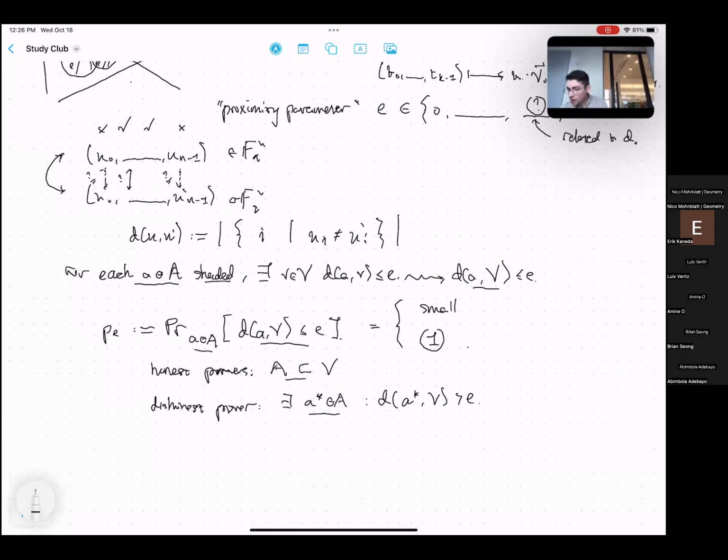Well, what the verifier does is just pick a random element in the subspace. Absent a proximity gap result, this is not actually safe for the verifier, because for all we know, there might just be one bad A lurking somewhere in this space. But if I just pick a random point, I'm going to miss it, right? So there's a low chance that if I just pick a random A from A, and I ask, is A close to the code?